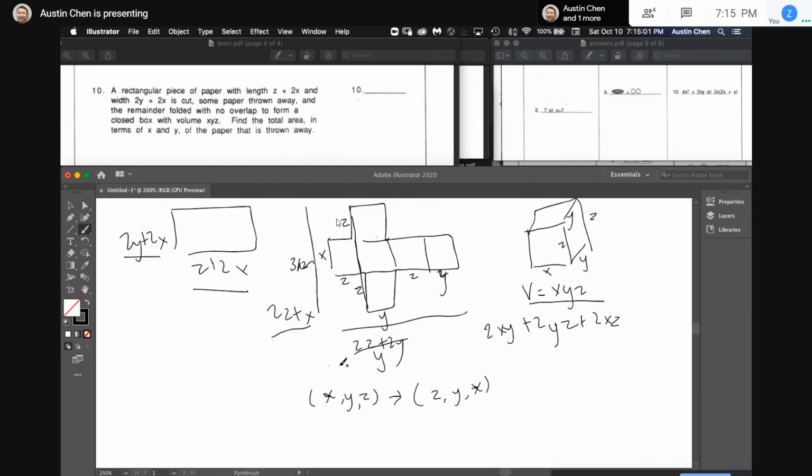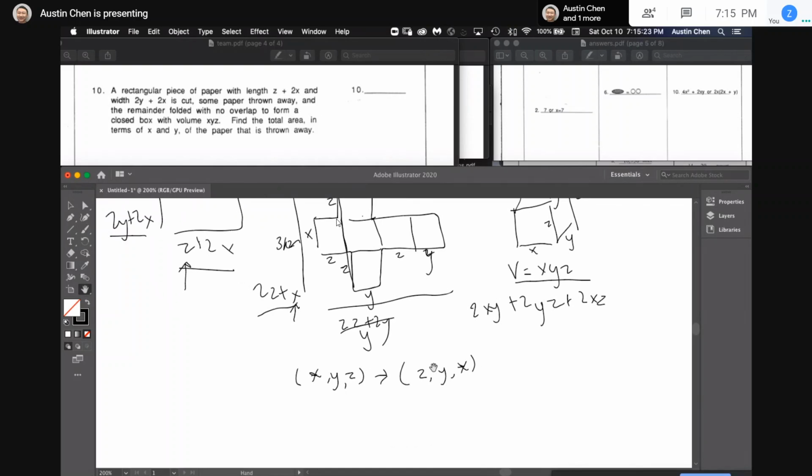So we should try to see if we can change these variables so that it corresponds exactly to those. And if it does, then obviously this thing would fit in there, right? So we look here and we see that our z is the one with the 1 thing, right? So we should try to change our x into z.